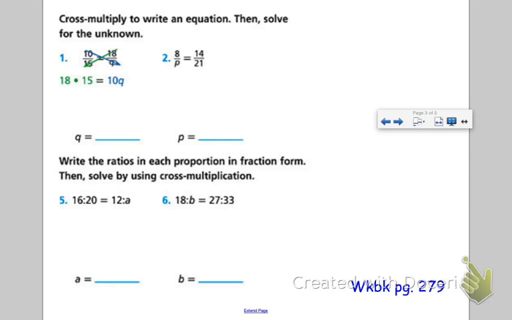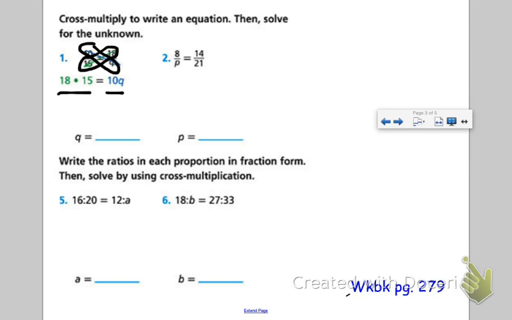We're telling you that those two ratios are equivalent. So let's cross multiply. Here we have 15 times 18. Here we have 10 times Q. And they're equal to each other, right? They're supposed to be equivalent to each other. Just like on the last page, 270 is equal to 270. Well, guess what? 18 times 15 is equal to 10 times Q. All you need to do now is solve it.